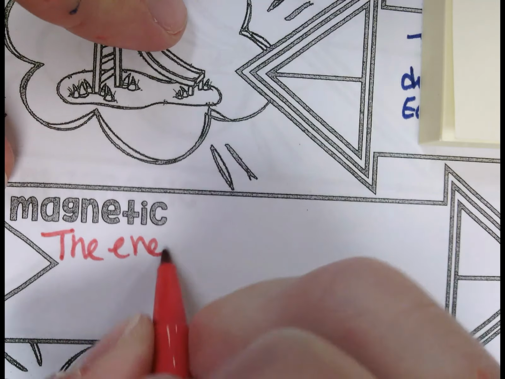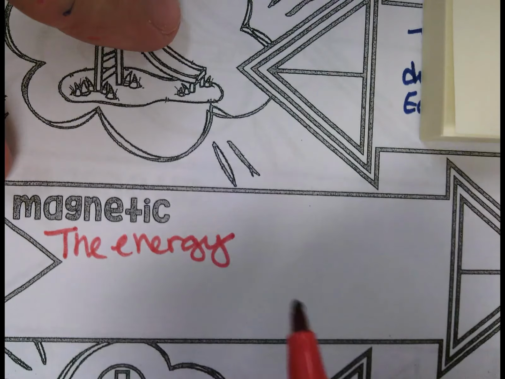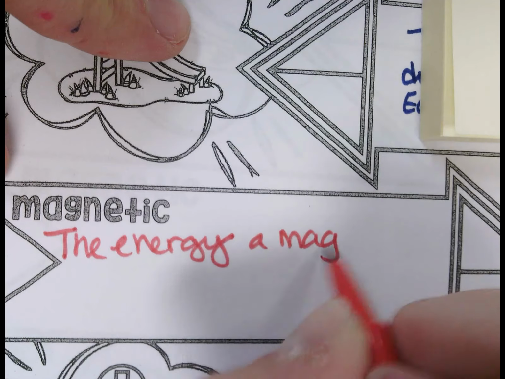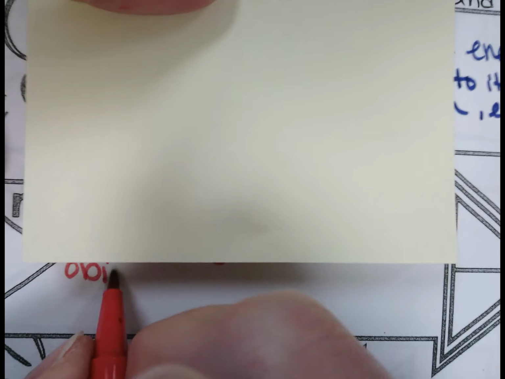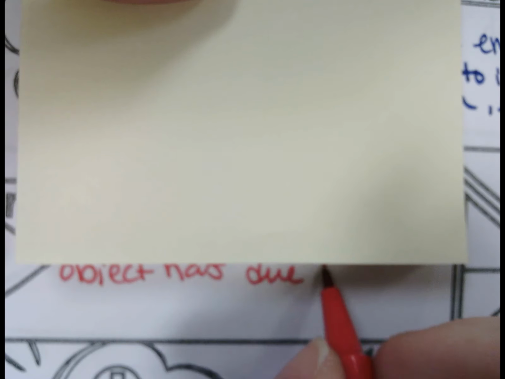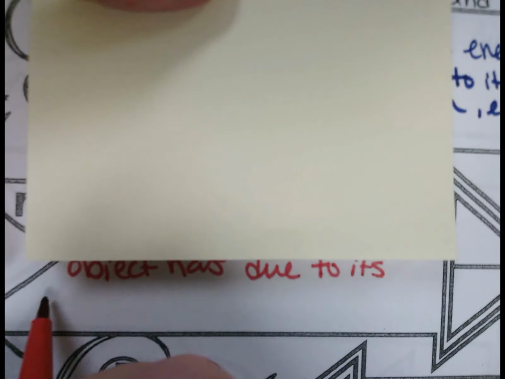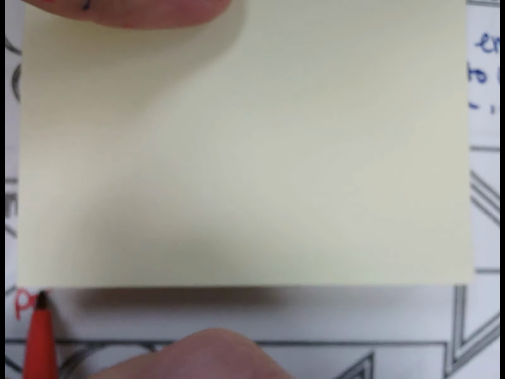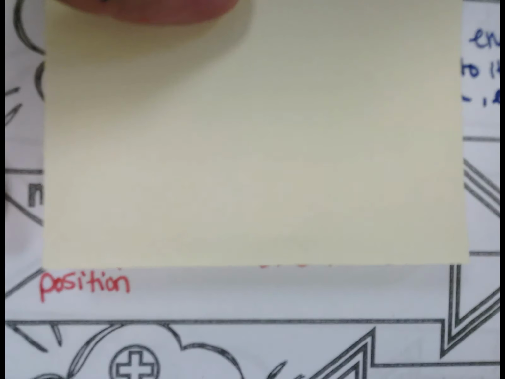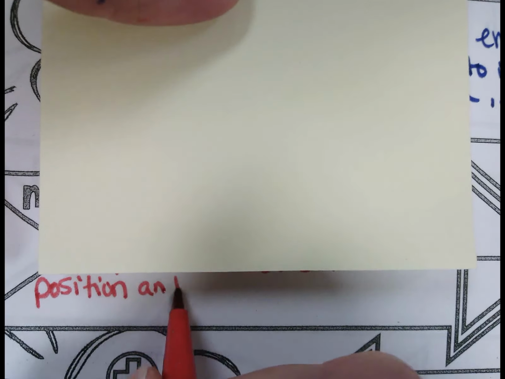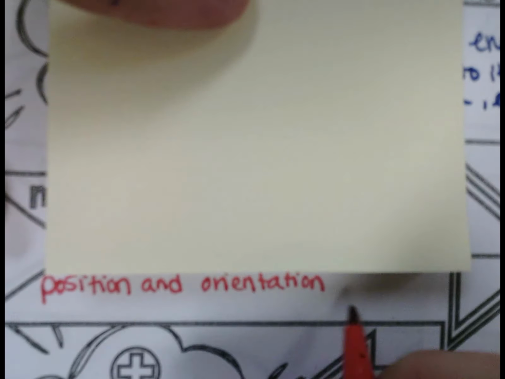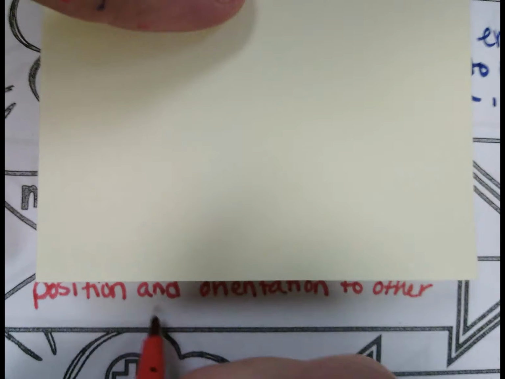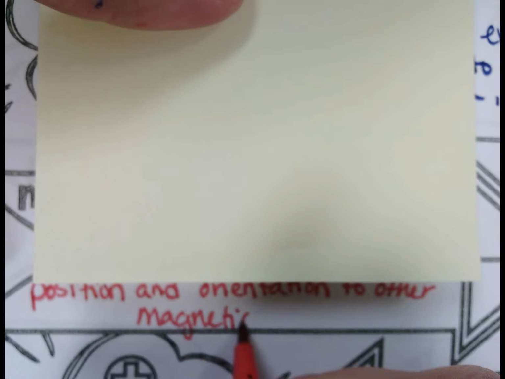So magnetic is the energy a magnetic object has due to its position and orientation to other magnetic objects.